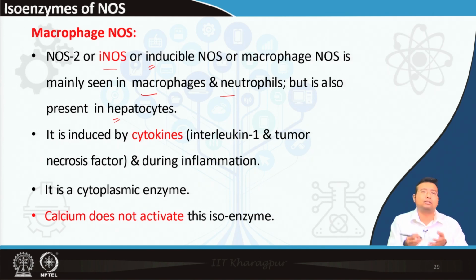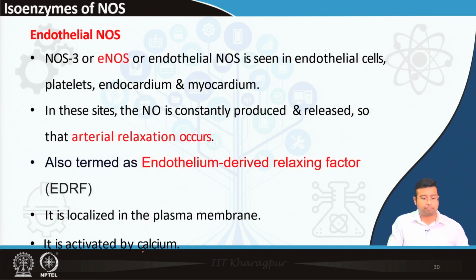A few examples of cytokines are interleukin 1 and tumor necrosis factor. So, these are the cytokines that can induce this enzyme to form nitric oxide. Again, this is a cytoplasmic enzyme. One key difference from the first isoform is that it is not activated by calcium. So, calcium has no effect on this enzyme.